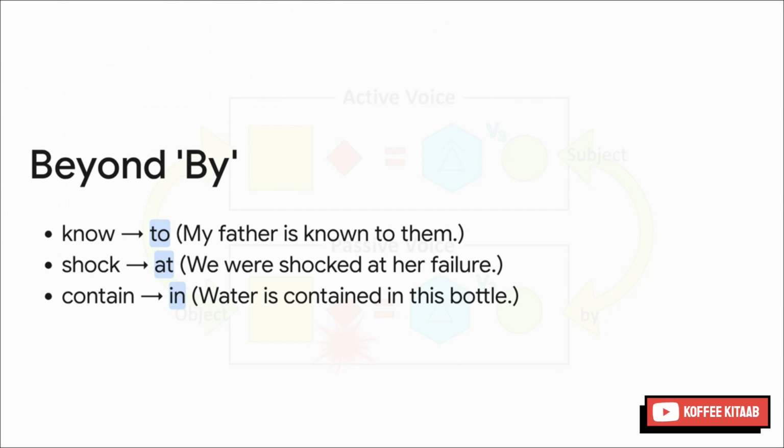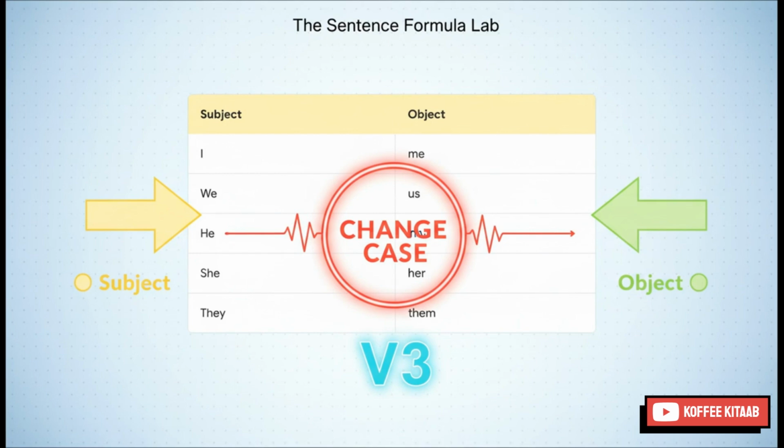These are just fixed pairs that you'll want to get familiar with. And last but not least, a really crucial detail. When a pronoun that's a subject, like I or he or they, moves to the end of the sentence into the object spot, it has to change its form. I becomes me, he becomes him, we becomes us. You get the idea. This little chart right here is the perfect cheat sheet.